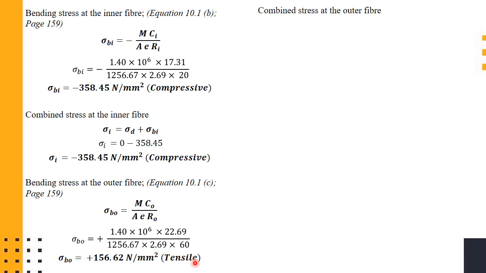Once you calculate the bending stress at the outer fiber, next you calculate the combined stress with respect to the outer fiber or the outer surface. So sigma naught is equal to sigma D plus sigma B naught. Sigma D is already 0. So the stress at the outer fiber will be sigma naught, which will be a tensile stress, right?